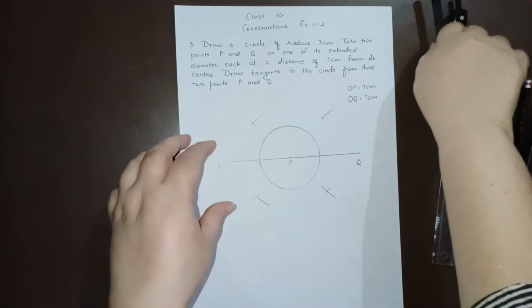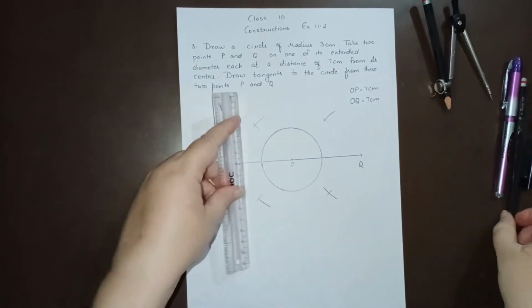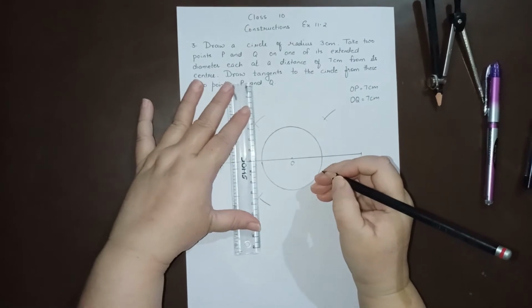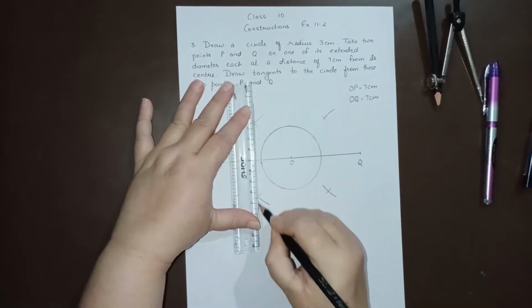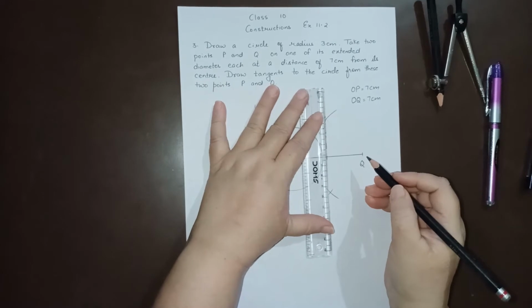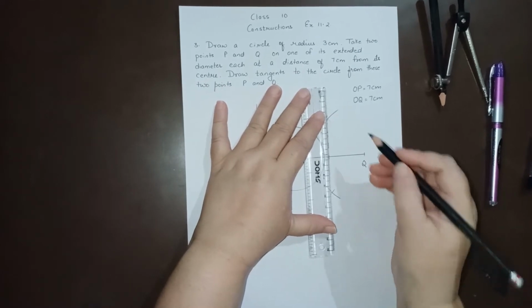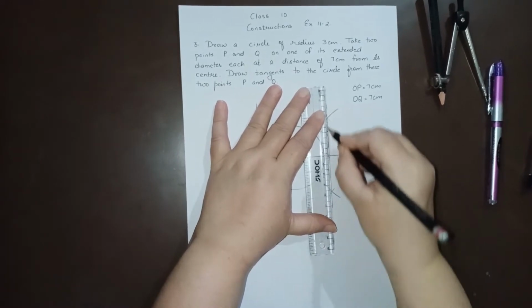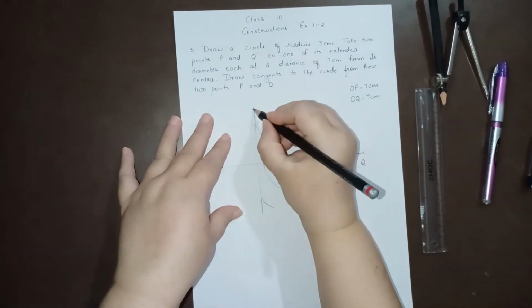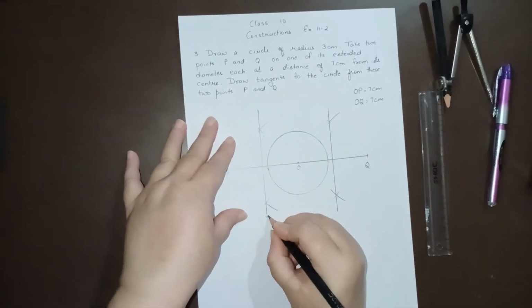So we have drawn 2 perpendicular bisectors, one of OP and one of OQ.